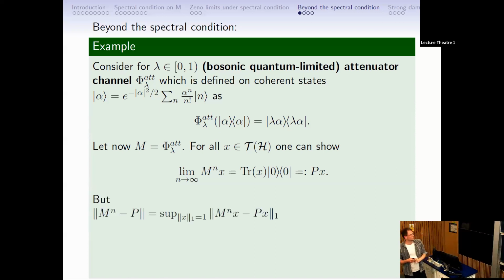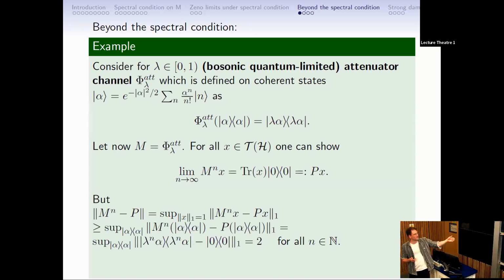But in operator norm, you need to do this uniformly. You have the supremum over all x. We can lower bound this by the supremum over all coherent states. For every fixed coherent state, because lambda is strictly smaller than 1, this converges nicely. But if we take the supremum before taking the limit, this is just constant 2, right? So we don't get convergence in operator norm.